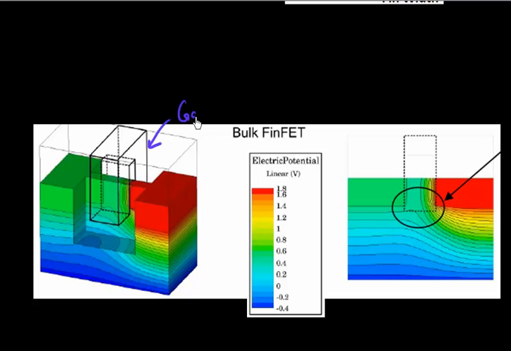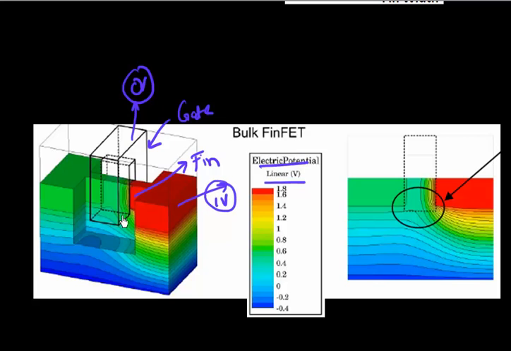Your gate is now wrapping around this thin fin, and shown here is the electric potential. If you apply a voltage of, let's say, 1 volt on your drain, and you have 0 volt on your gate, this gate prevents your drain voltage from penetrating into your fin.